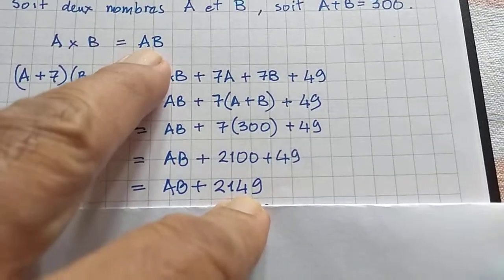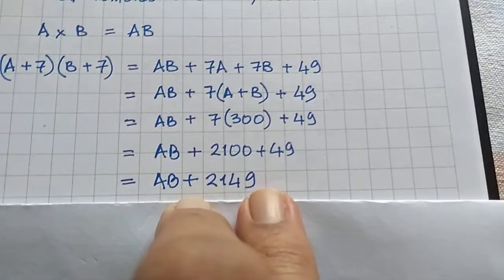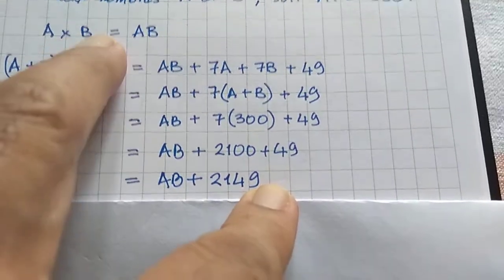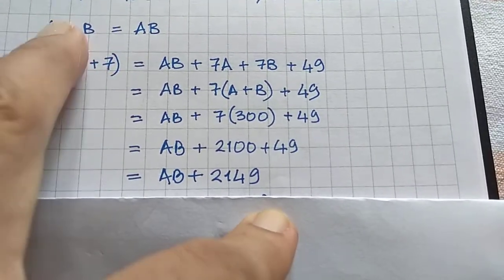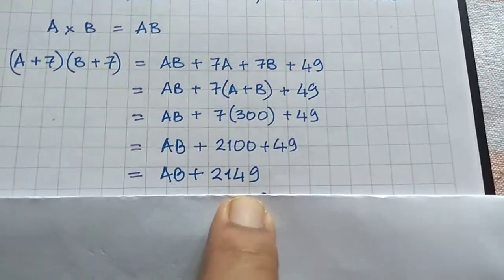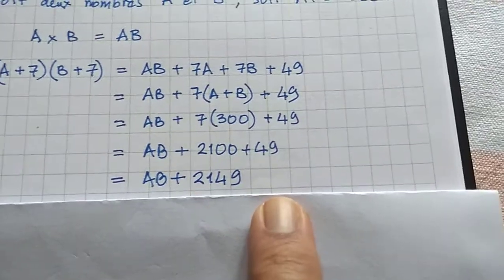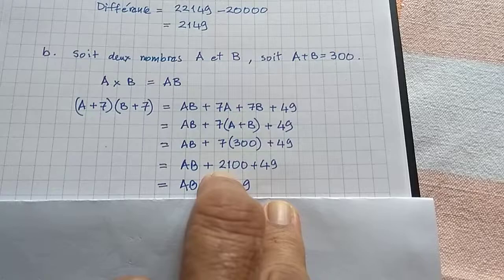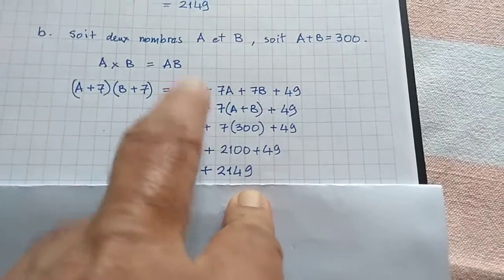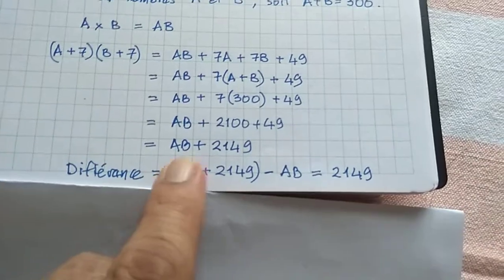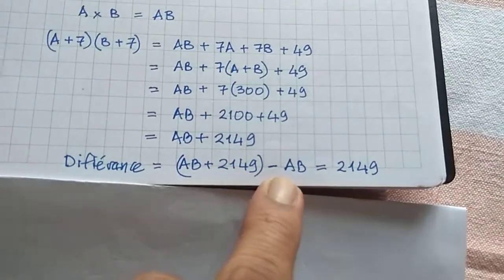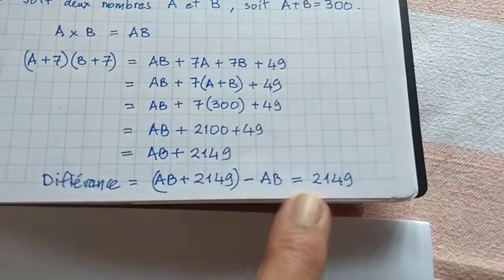Well, the difference between AB and this is 2149. Without knowing the values of A and B, you have proven that if you add 7 to each number, and then multiply it, you'll get a difference of 2149. This is amazing. You have proven this. So then it means that you can actually generalize. This is proof because this is not an example. Différence AB plus 2149 moins AB est 2149.